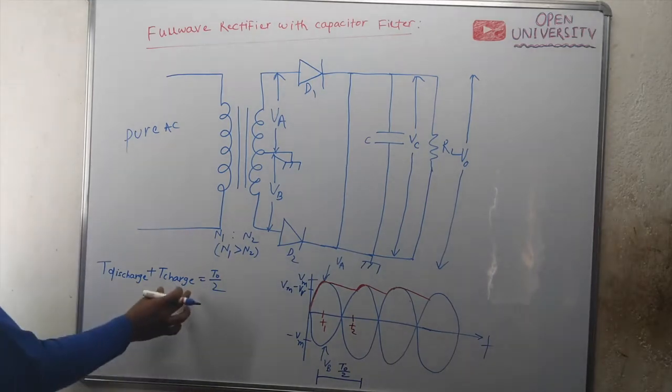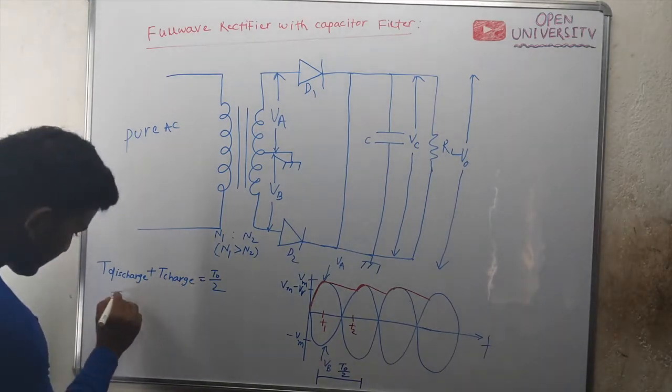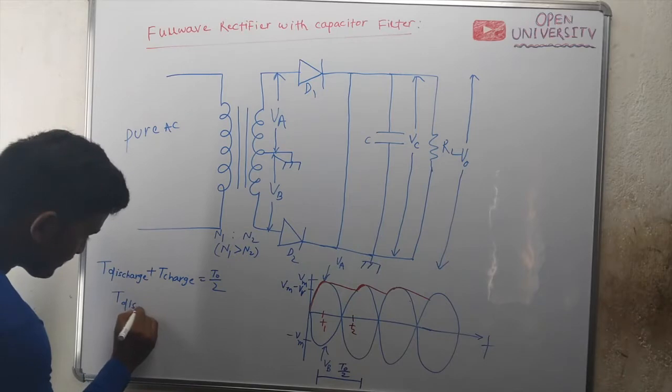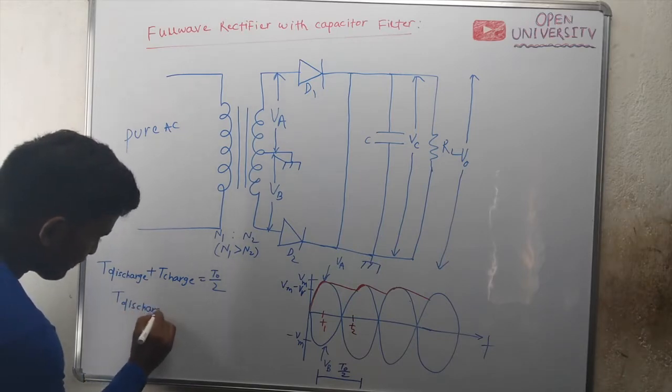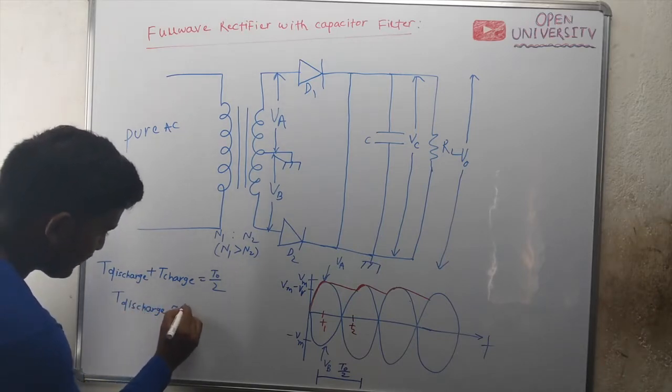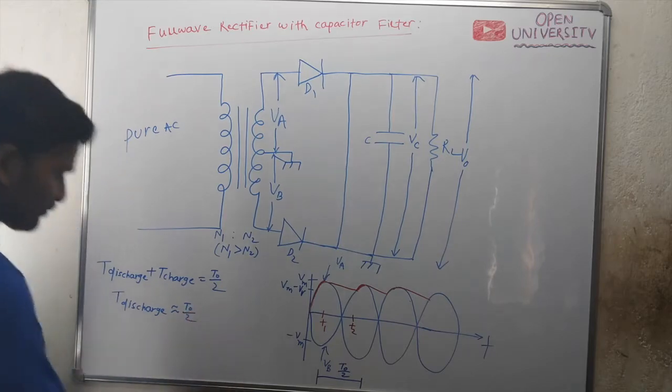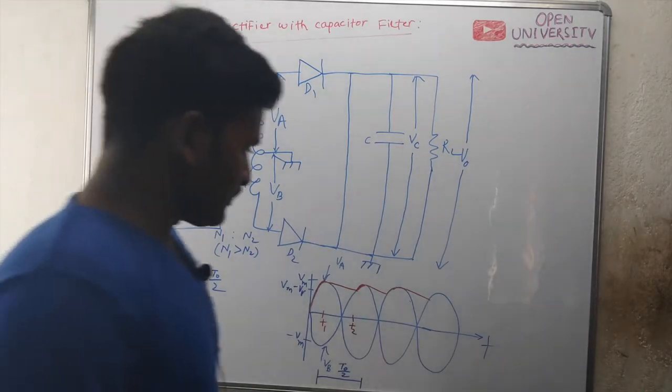But the charging interval is very small, so I can write that T discharge is approximately equal to T naught by 2.